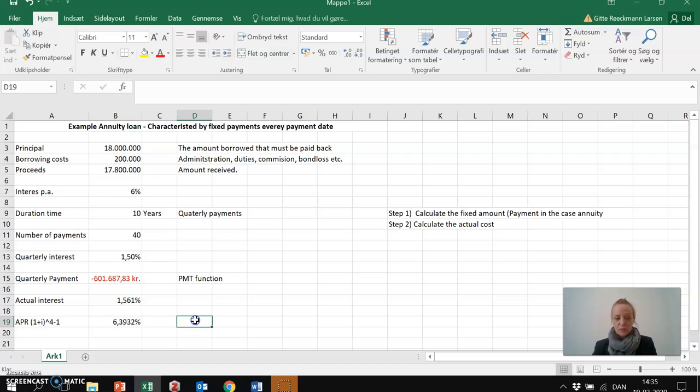So 6.3932% is the annual percentage rate, which is a little more than the 6% initially stated. Doesn't sound like a lot, but on a loan of 18 million, it's still an amount that the company should consider. So that's the calculation of the annual percentage rate, the actual cost of an annuity loan.